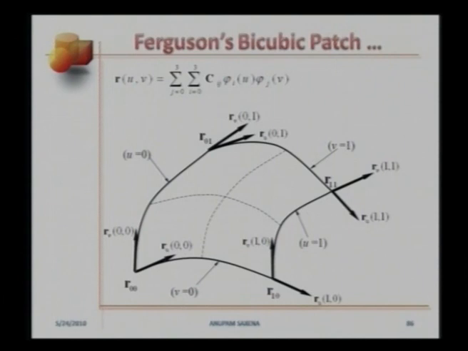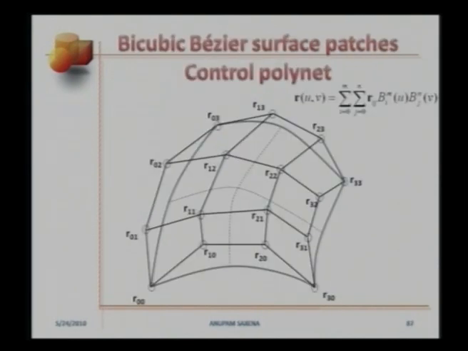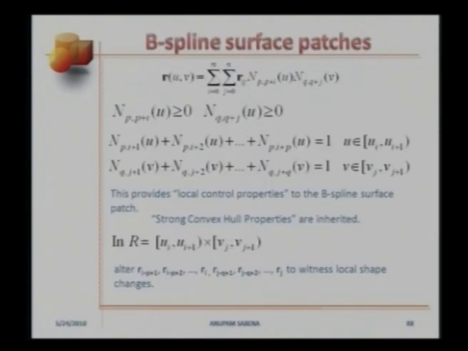In tensor product surfaces, we first covered Ferguson's bicubic patch, and then we did not like the use of the higher order tangent and twist vector kind of information, and so we switched to bicubic Bezier surface patches, where we had only used design points, and then of course we extended that model to B-spline surface patches.